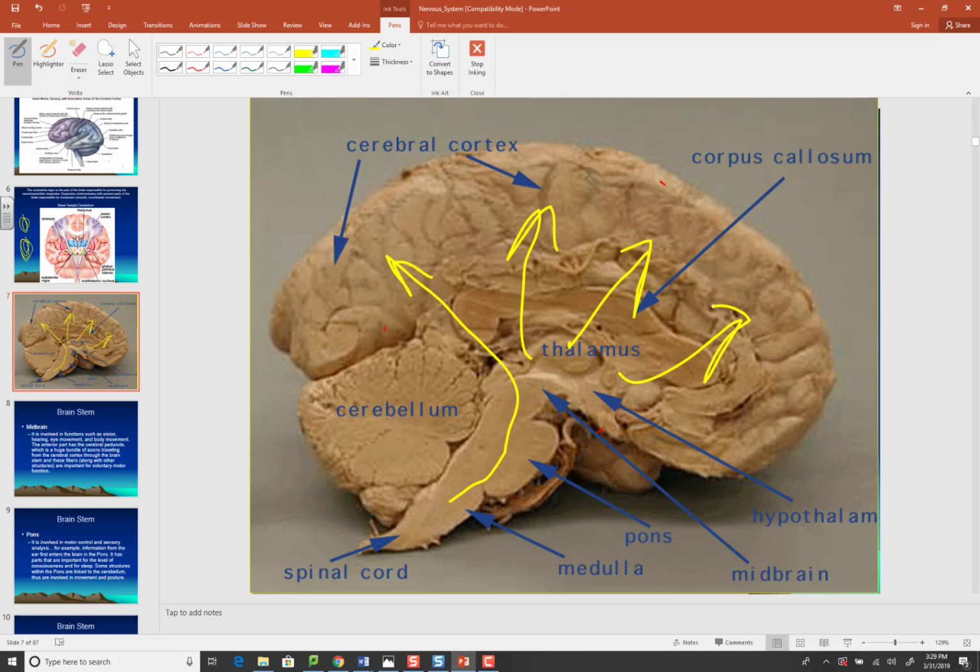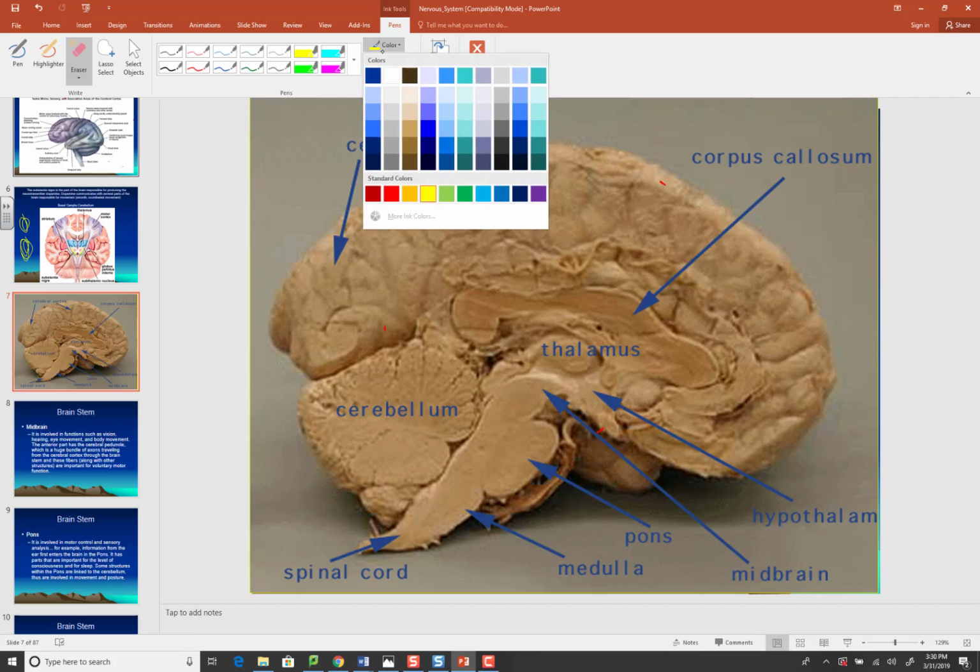The lower portions of the brainstem are involved in your basic biological functions. So let's go over that real quick.